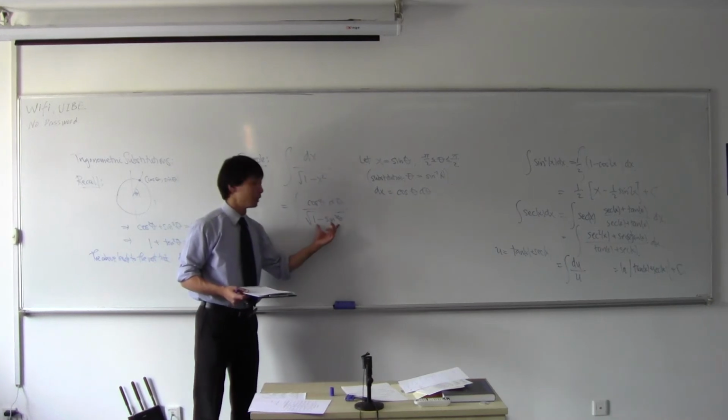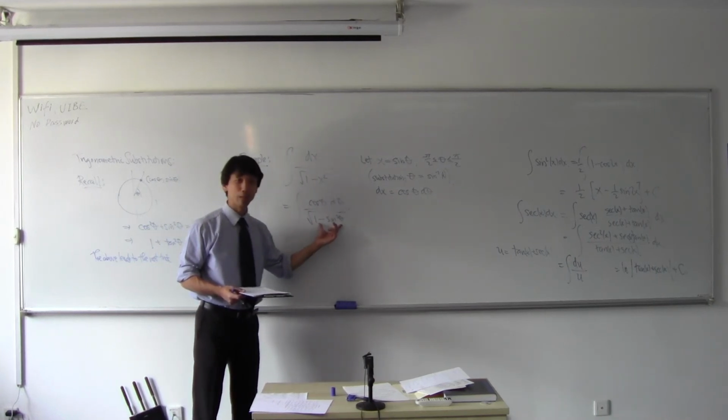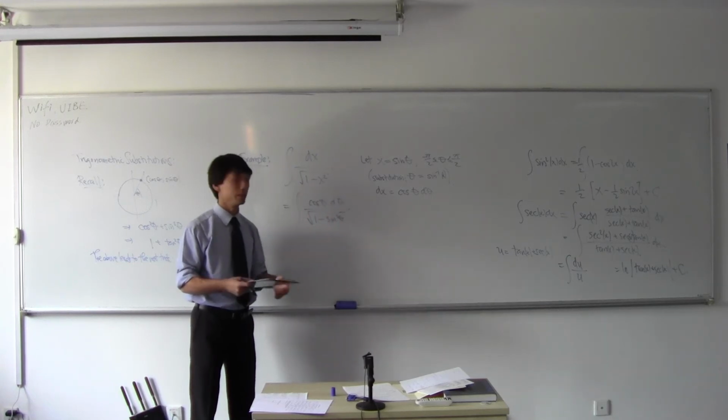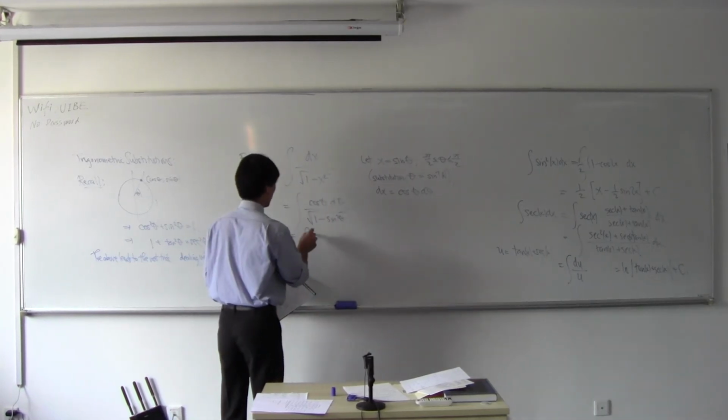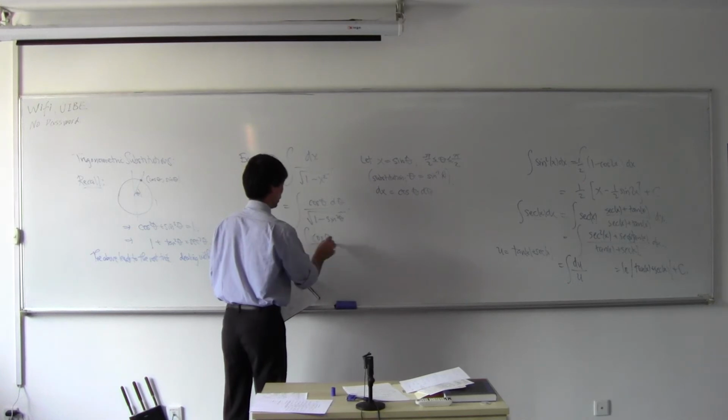Okay, so then what happens here? The square root of 1 minus sine squared. Well, 1 minus sine squared is cosine squared, so we get the square root of cosine squared, which is going to be the absolute value of the cosine. So we get cosine over absolute value of cosine d theta.